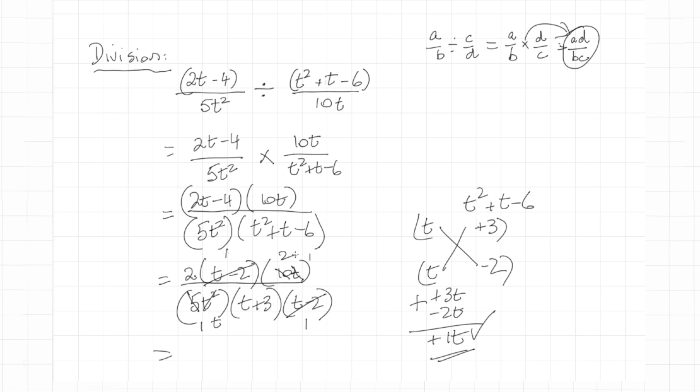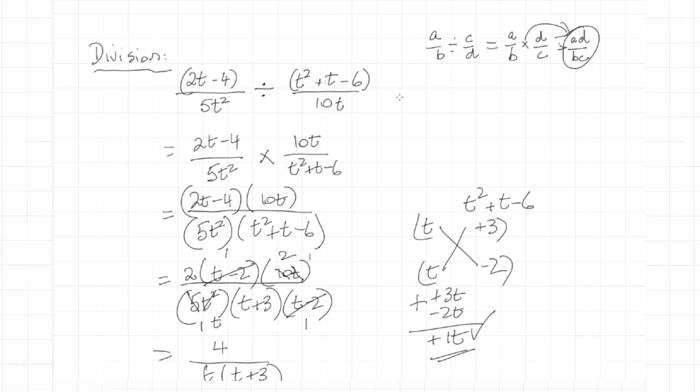So 2 times 1 times 2 is equal to 4 over, we've got a t outside of t plus 3. Now don't multiply that out into t squared plus 3t, just leave it as it is. So we get 4 over t open bracket t plus 3 when we do the division.